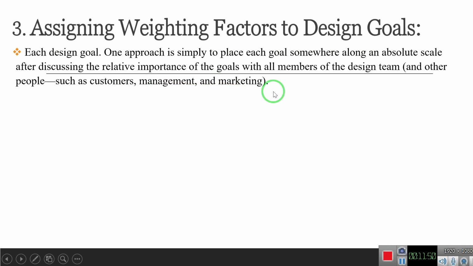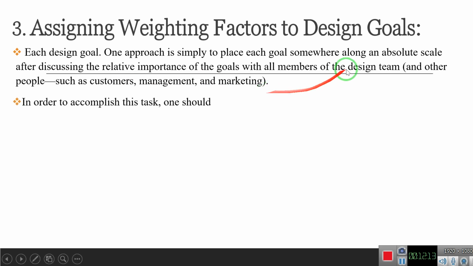So here we give weighting factors by a committee meeting, with the board of directors and engineers. Another is feedback from the customer. We have to ask the customer what exactly they need in this system. Then we assign a weighting factor.